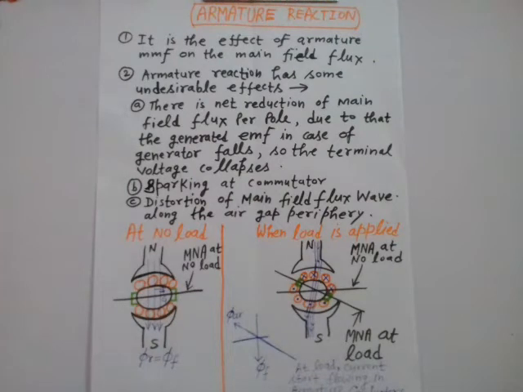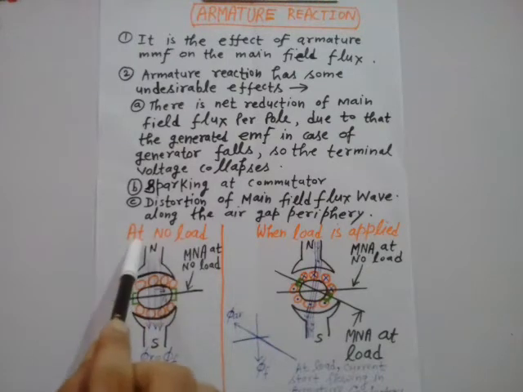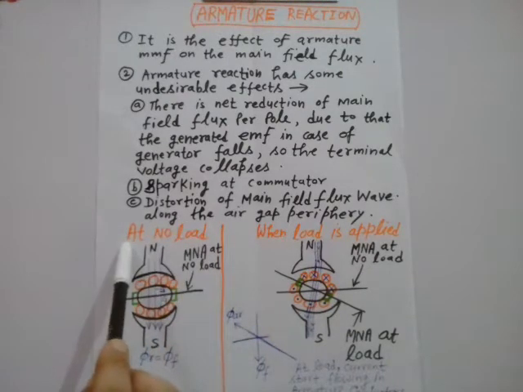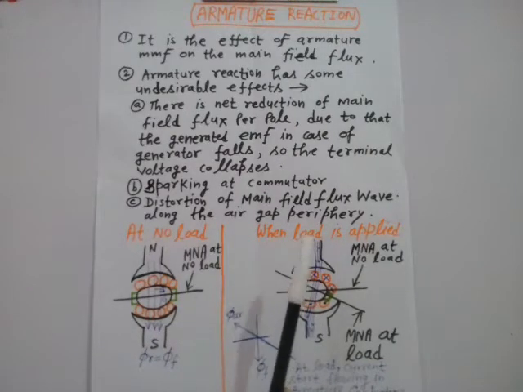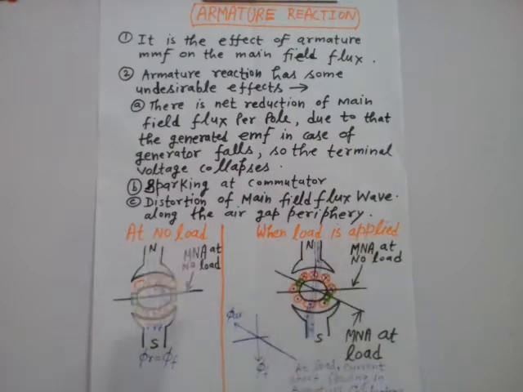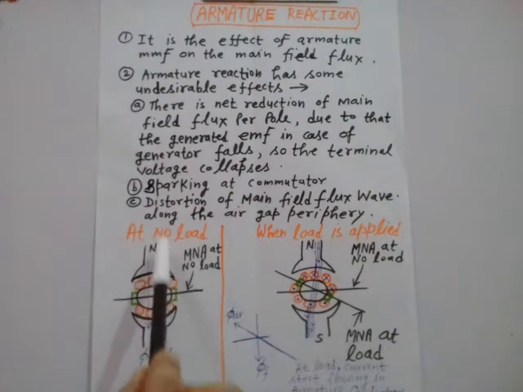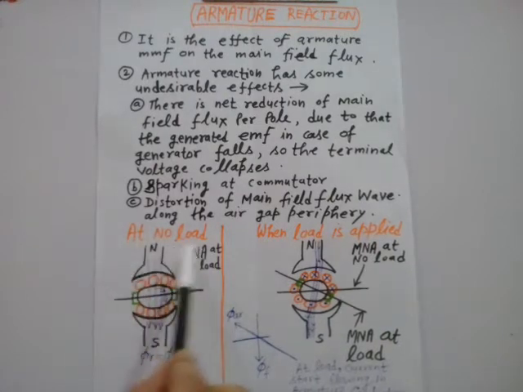First we will see the DC machine at no load, and after that we will analyze it at loaded condition. Just have a look at it. I have taken this DC generator at no load condition.